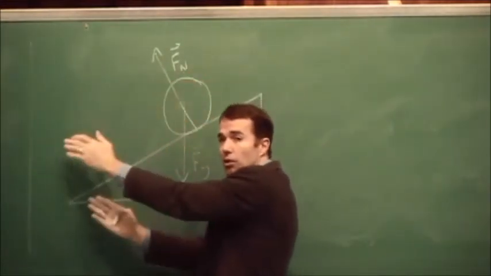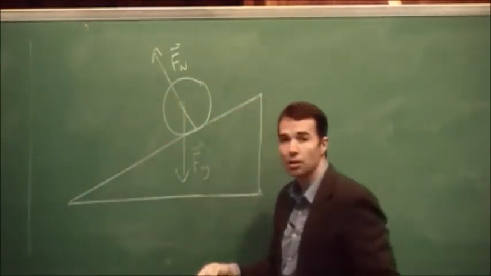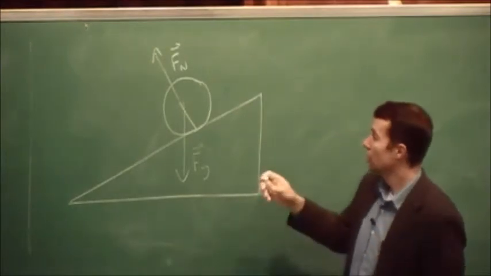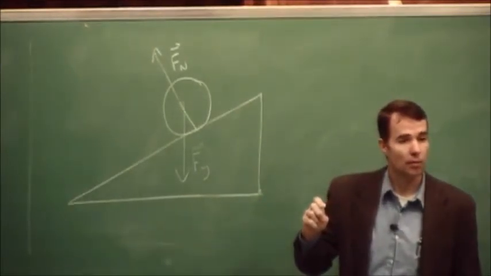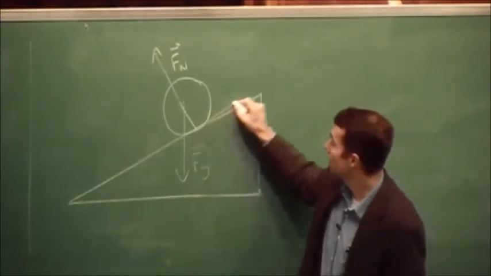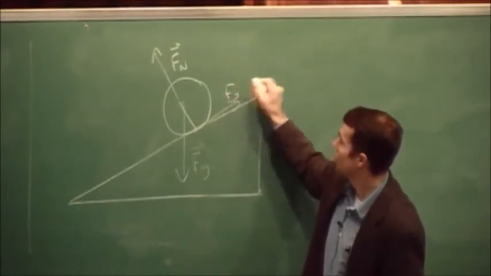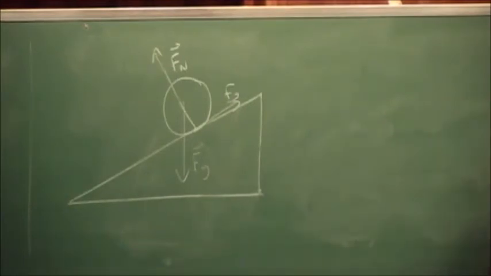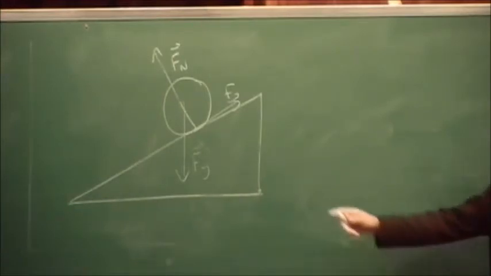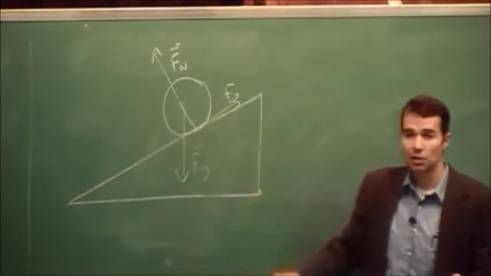The friction, though, is going to be acting in what direction? It's going to be going up, right? So we call this static friction because we're considering pure rolling motion. Static friction means that we don't have any slippage between the ground and the thing that's rolling.